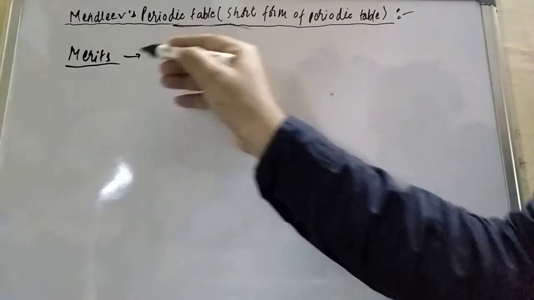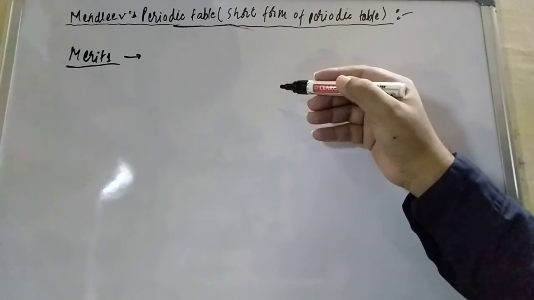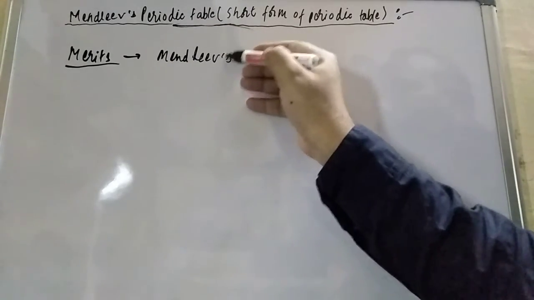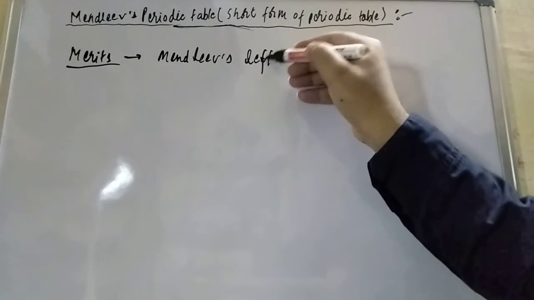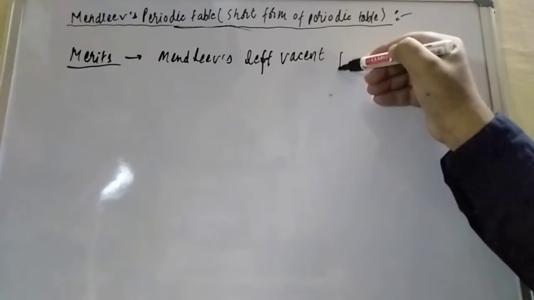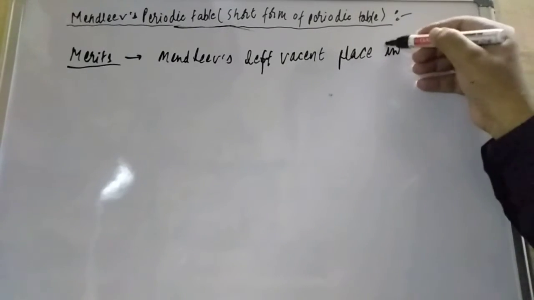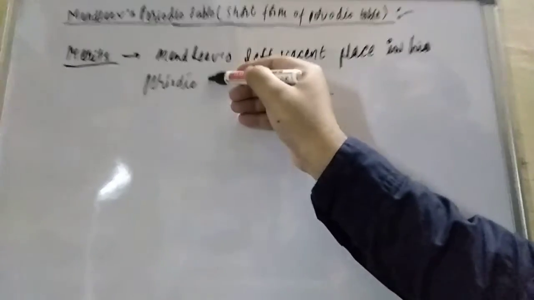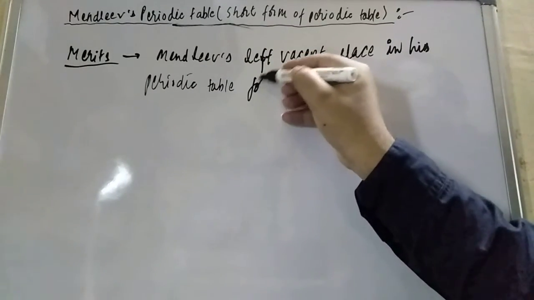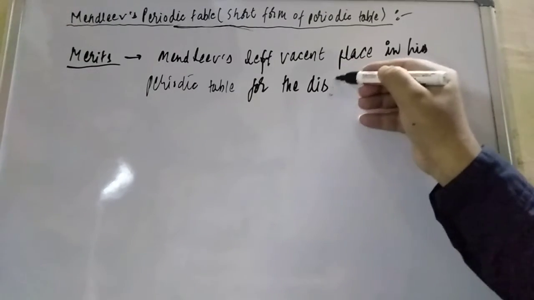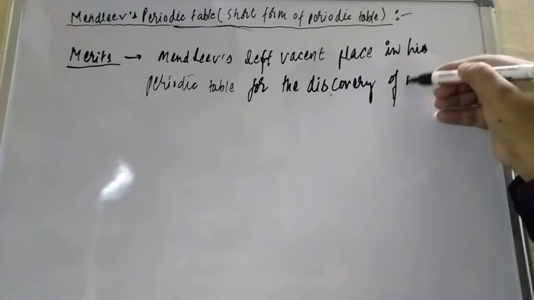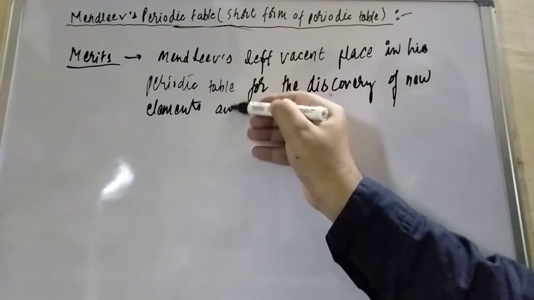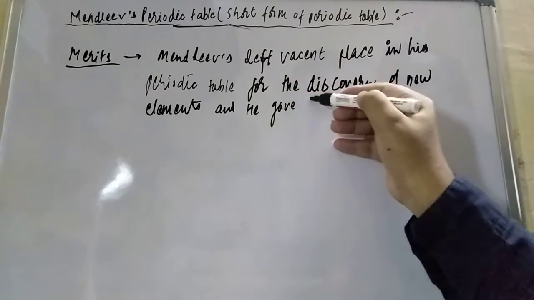So what he said, first merit is Mendeleev left vacant places in his periodic table for the discovery of new elements, and he gave the names.